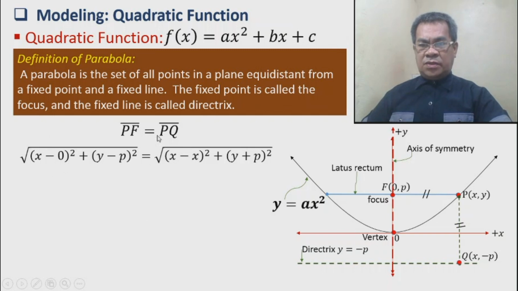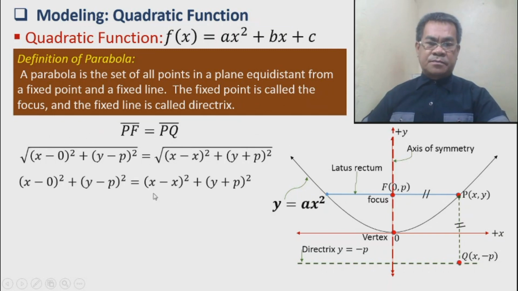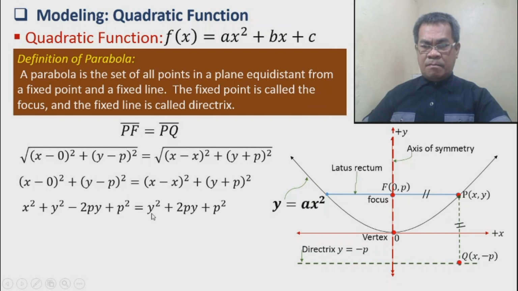Now if you square both sides, this radical sign will be removed, because the one-half power raised to 2 will be cancelled. Take note that this is 0, and this one is x squared, and this is a square of a binomial.